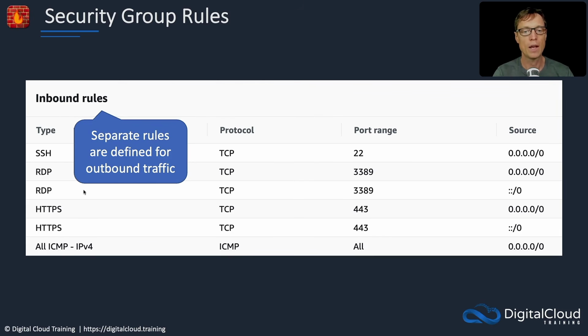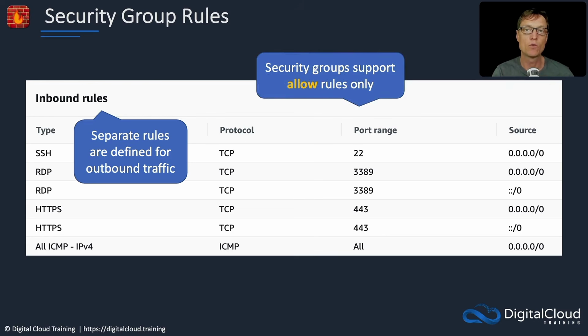So here we can see we have several rules using different protocols, and we've got the protocol specified, the port range, and then the source. And the source in many cases might be either an IP address or IP address range, or it can be a security group ID as well. Security groups support allow rules only, so there's no such thing as a deny rule in a security group.